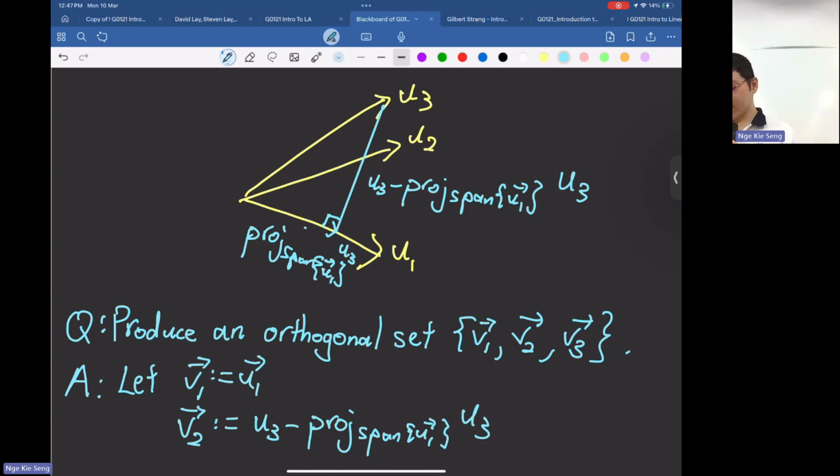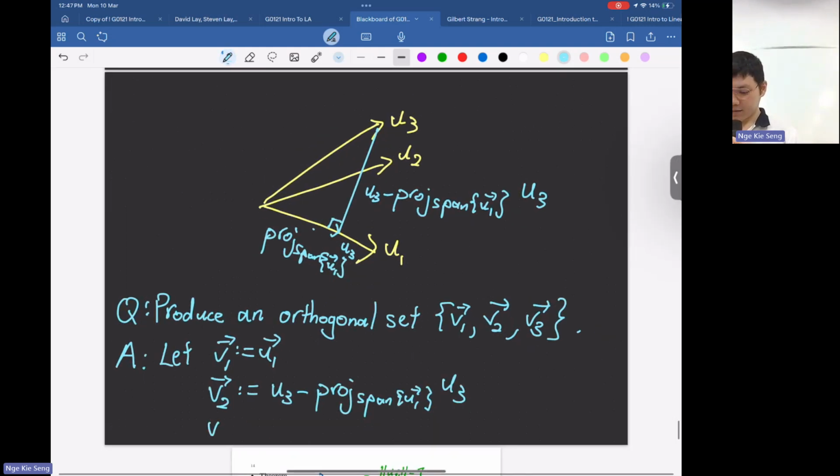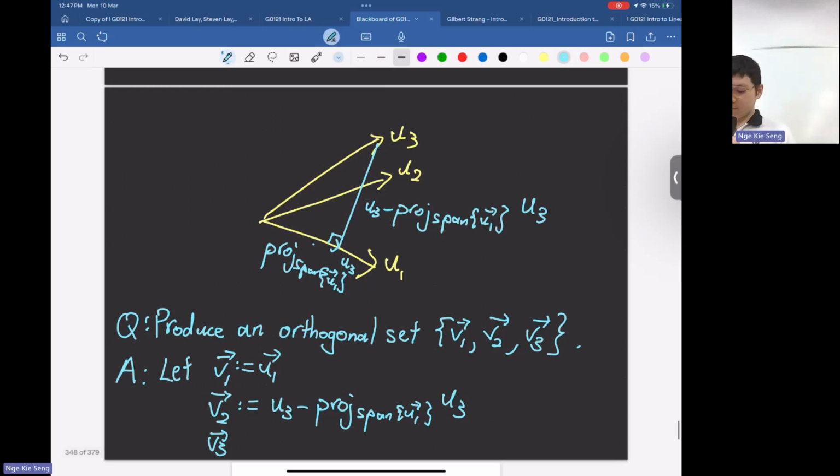So the problem here is how to find V3. How do you find the third orthogonal vector? What does this third orthogonal vector have to satisfy? It must be orthogonal to the previous two. How to create another vector that's orthogonal to both V1 and V2 that we created?